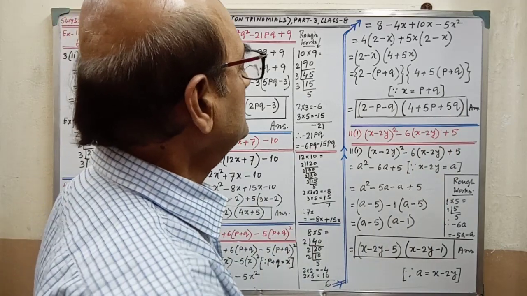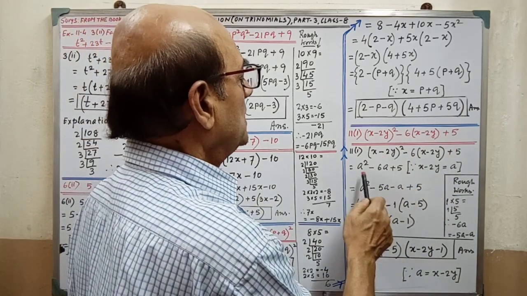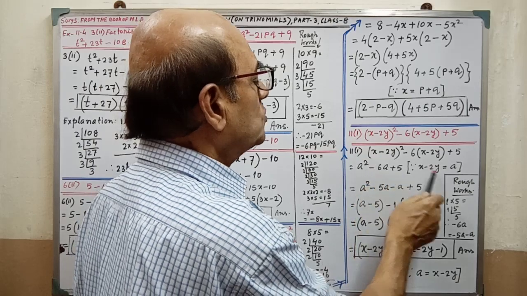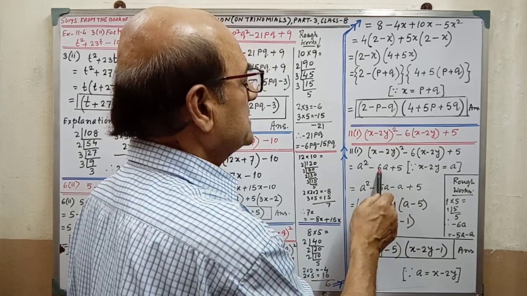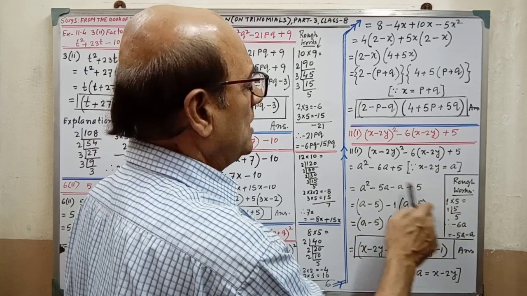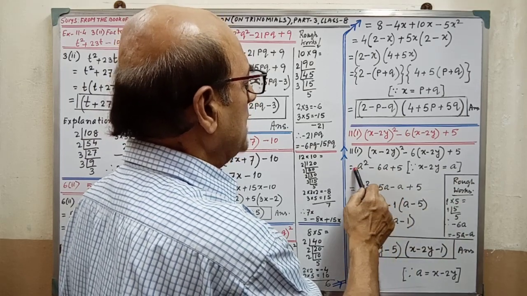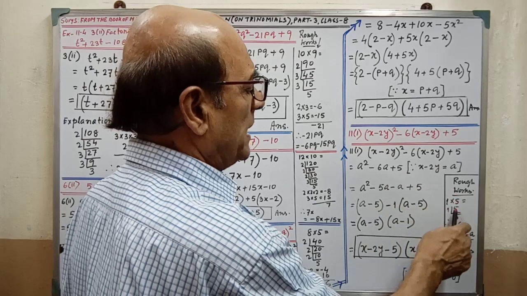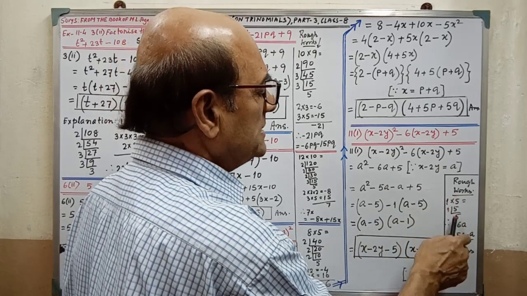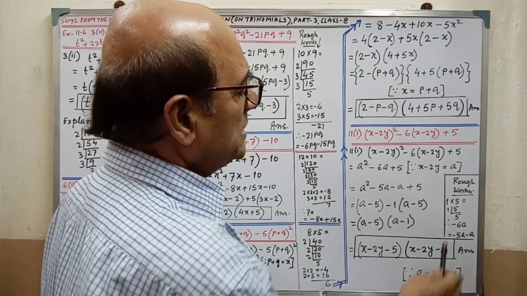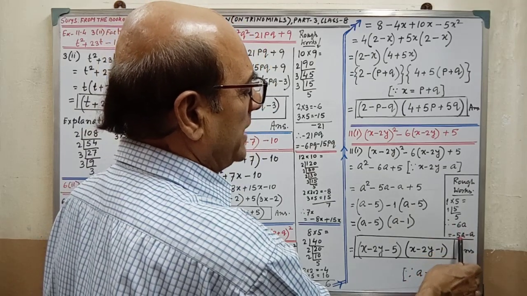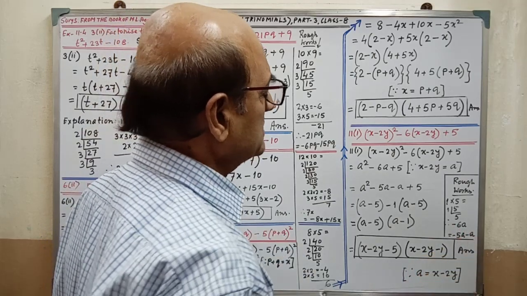Next and last sum. After writing the sum, x minus 2y, that is a, in place of this we are writing a square minus 6a plus 5. Then same thing, we have to multiply. This is nothing, that means 1 into 5, that is 5. With this number we are getting two factors, 1 and 5. With this, that is minus 6a, we may write minus 5a minus a, that is minus 6a.